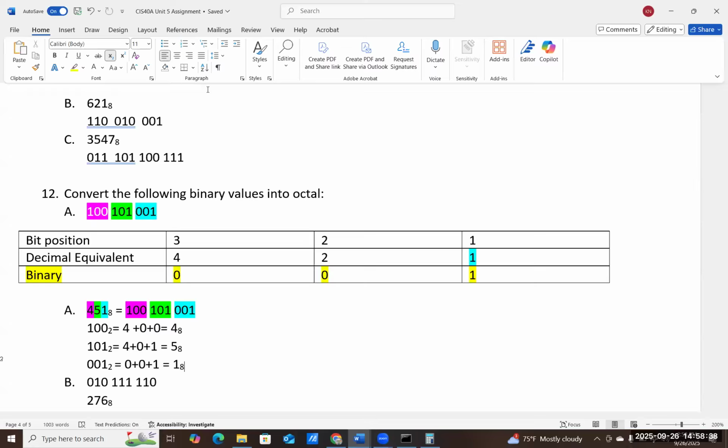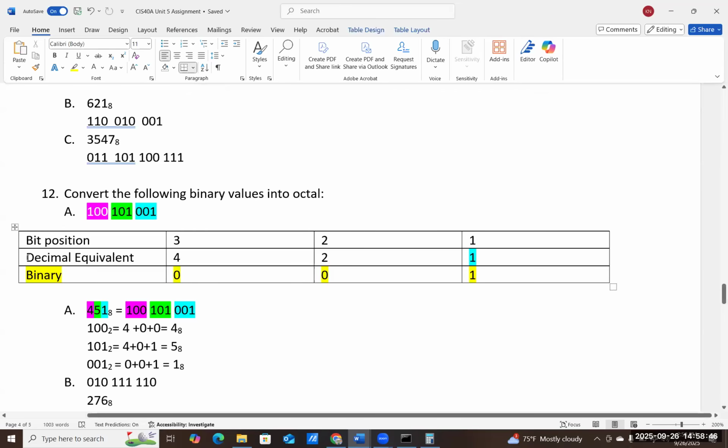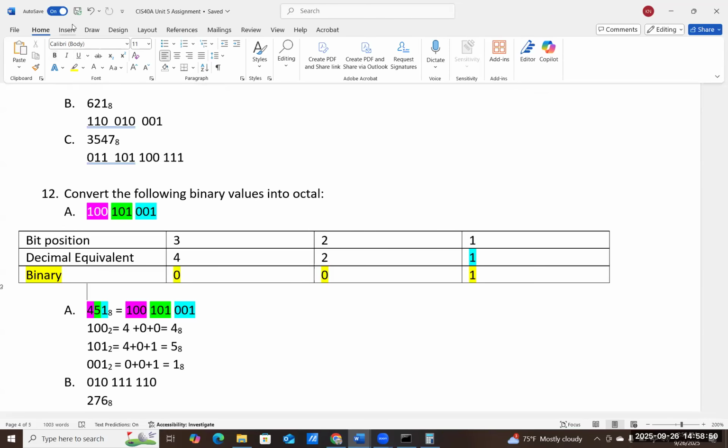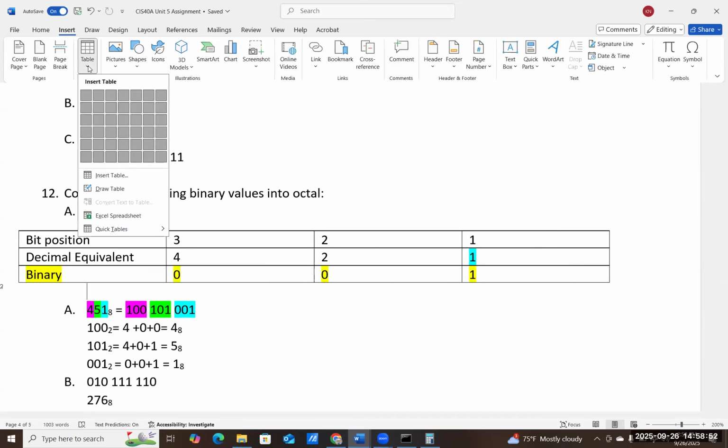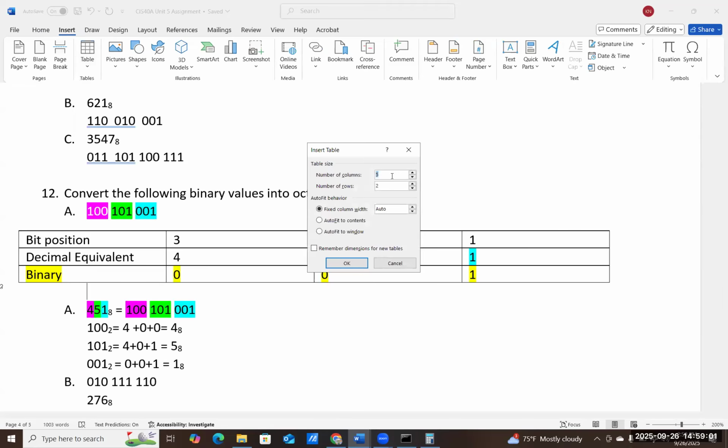Any questions? Yeah. How do you format the boxes like that? The scale here? Yeah. I simply just add a table. So if you go insert, table, and because there's only 3 bits, I want 4 columns, right?